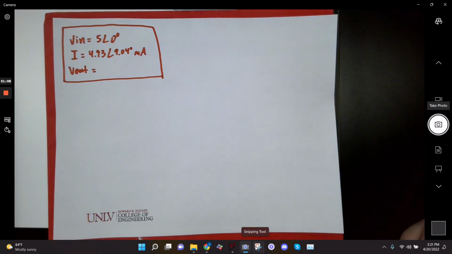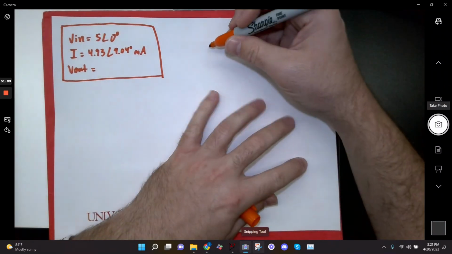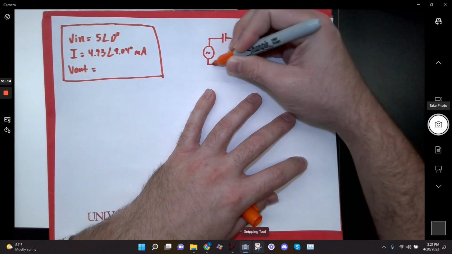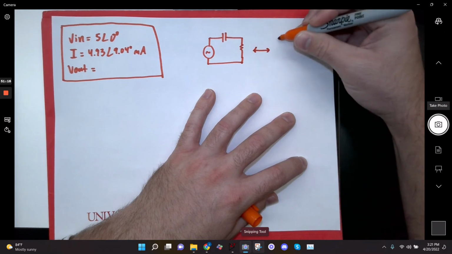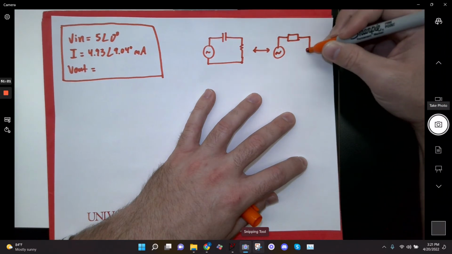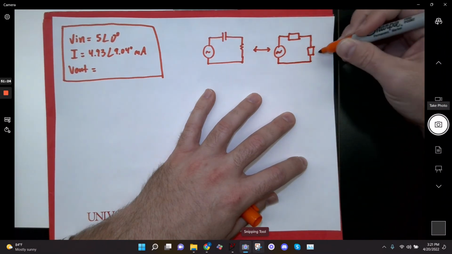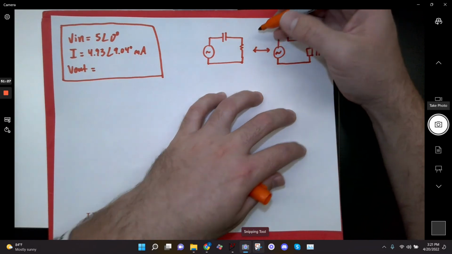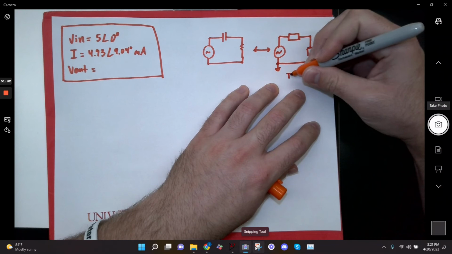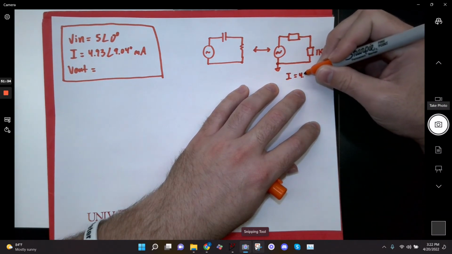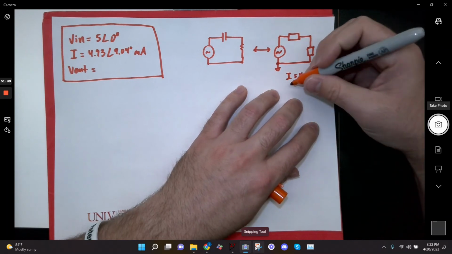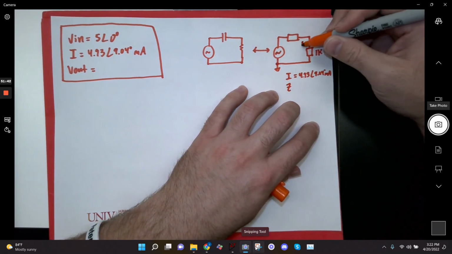All right. And so, let me draw the circuit again. I know my I, and I know my Z. Okay, so I'm trying to find this voltage, right?